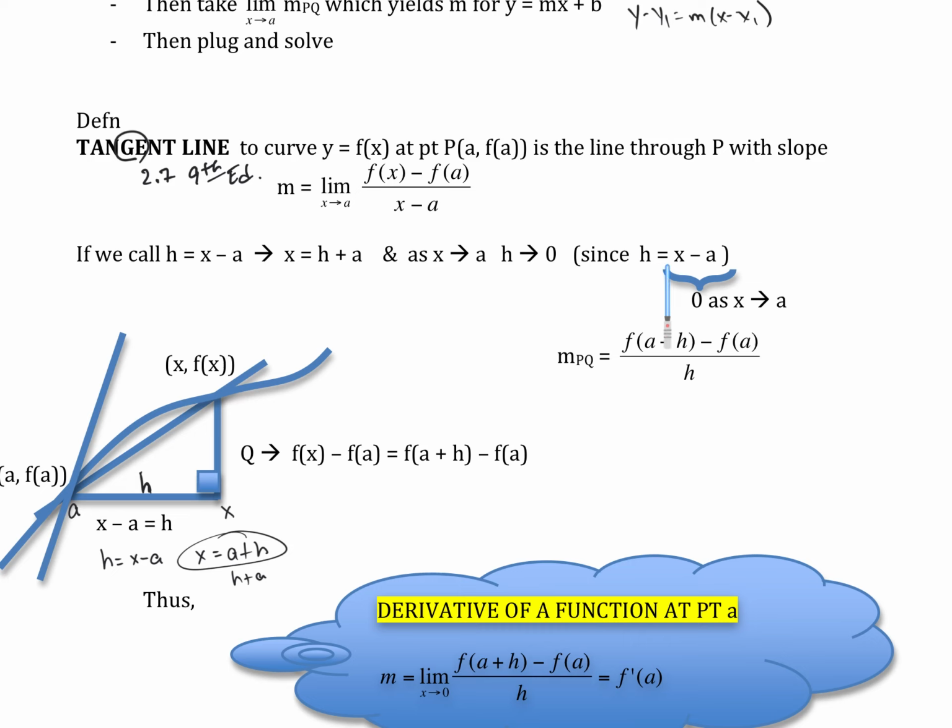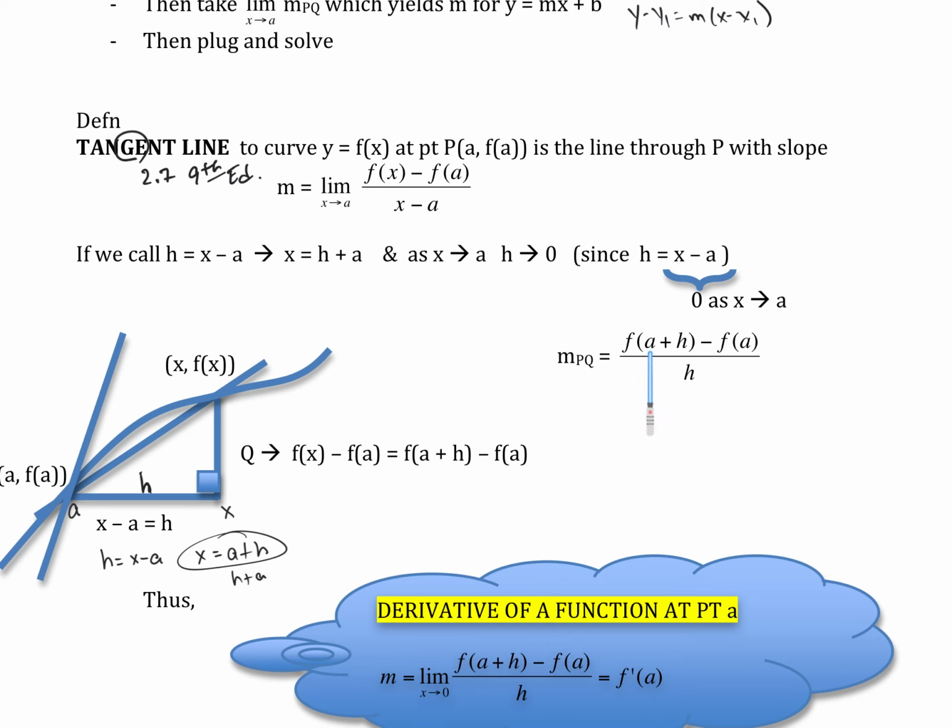Since h is x minus a, as x gets closer to a, h, that distance, becomes 0. So since I want the limit, I'm going to get the limit as h goes to 0.